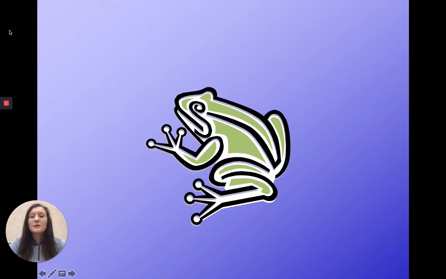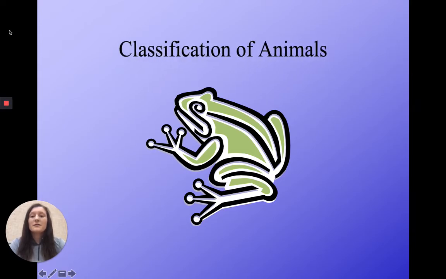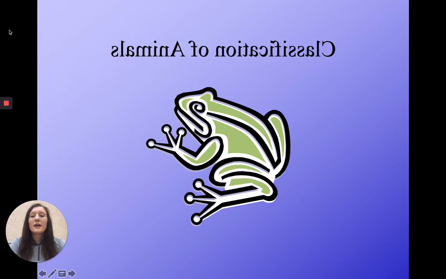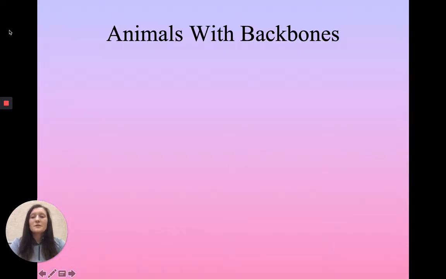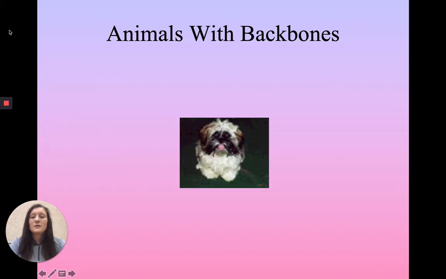So today we are going to be talking about the classification of animals for science and the different characteristics of these different classifications. First off, we're going to talk about animals with backbones. First up, we have mammals.